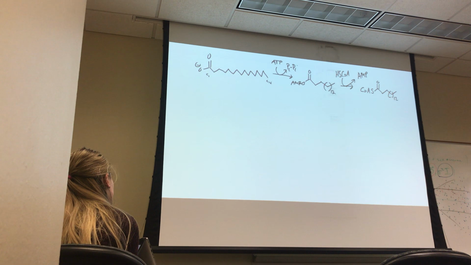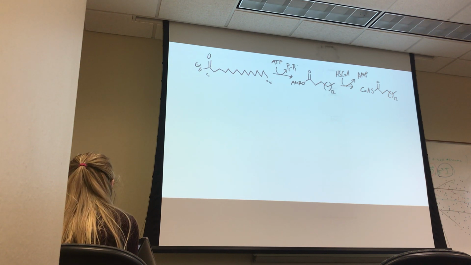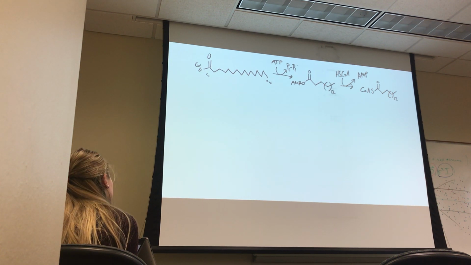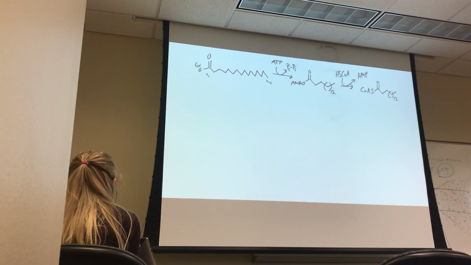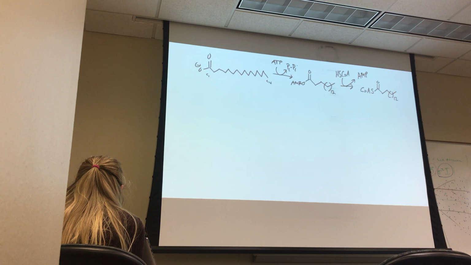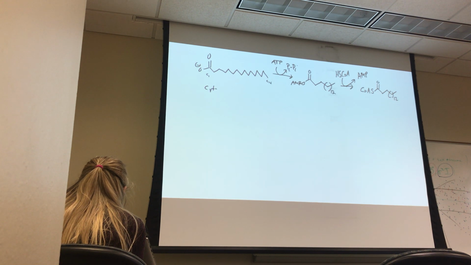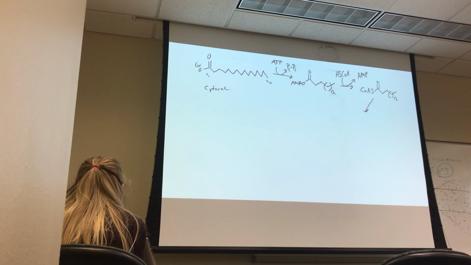Okay. So now we have our activated molecule, and of course this will be transported into the mitochondria using the carnitine system. This is all happening outside here in the cytosol. Okay. This will then get transported into the mitochondria via the carnitine transport system.